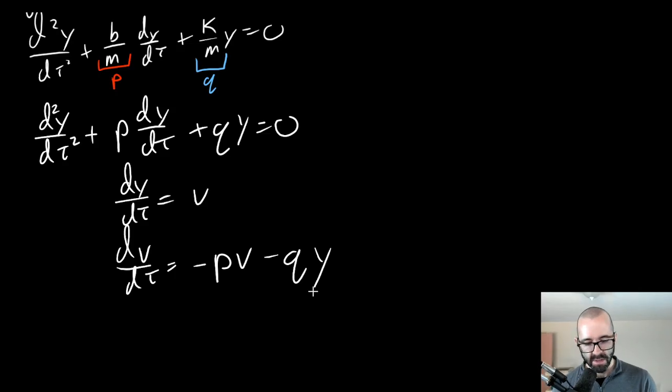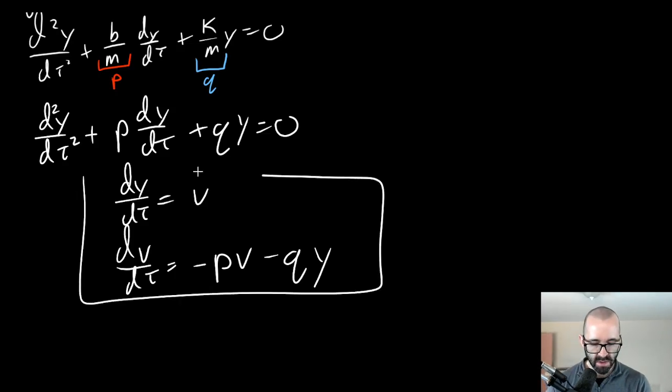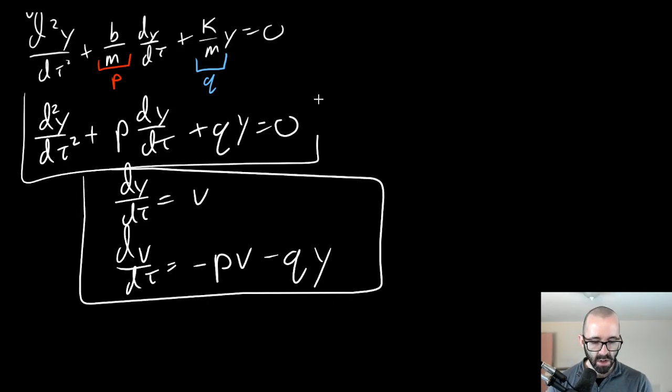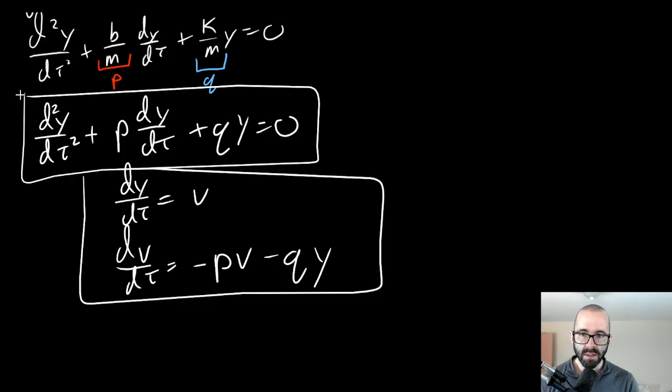And here we have two expressions for our model for a damped harmonic oscillator. We'll be talking about more of what we can do with that, how we can guess some solutions and do some qualitative analysis using phase portraits in the next two videos.